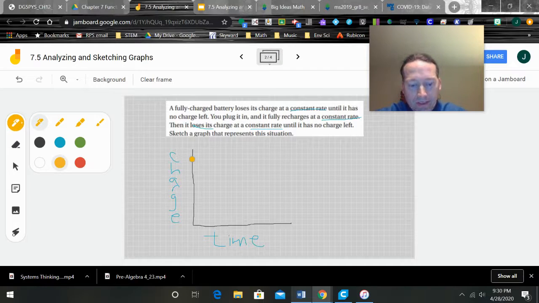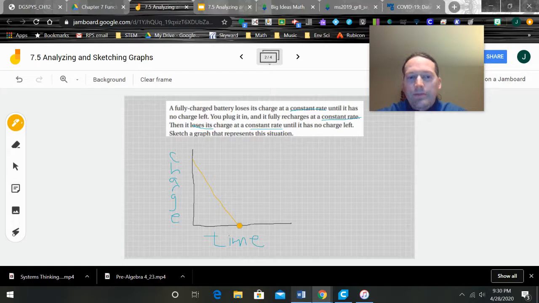Constant rate just means it's a straight line. So let's say it goes down like that. Now it has to go down to nothing, because it says it goes down to no charge. And now it's going to have a constant rate back up. I'll have it go up a little bit faster. And there's the full charge. And then it has to go back down to nothing again. And again, it's constant, so it just has to be a straight line.